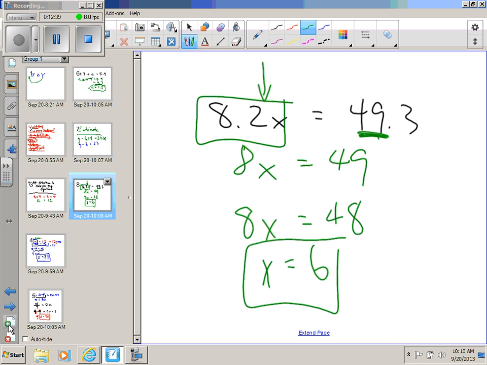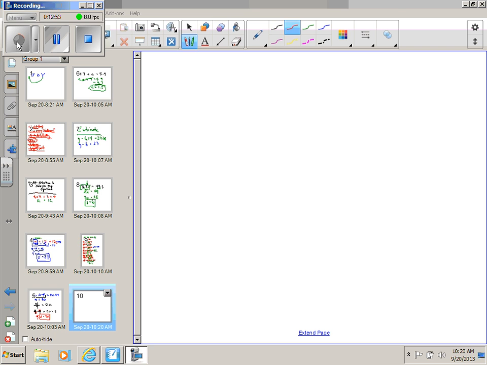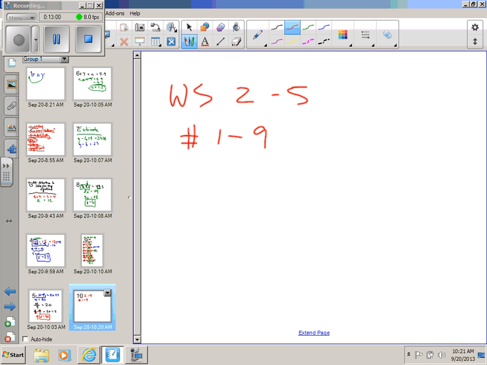Page 86. Take a look at numbers 1 through 6. Do those right now in class. Page 86. These are true-false statements. Numbers 1 through 9, true or false?